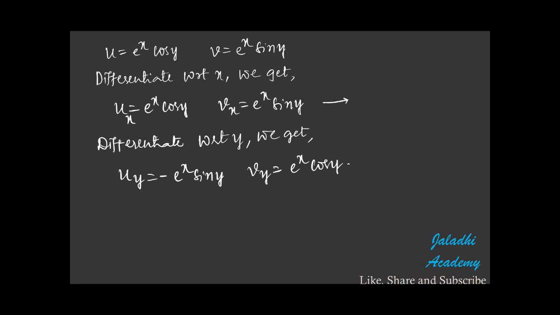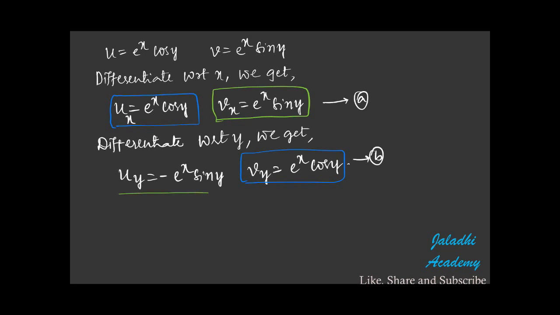If you observe these two equations, equations A and B, the value of ux in A is the same as the value of vy in B, and the value of vx is the negative of the value of uy, or uy is the negative of vx.